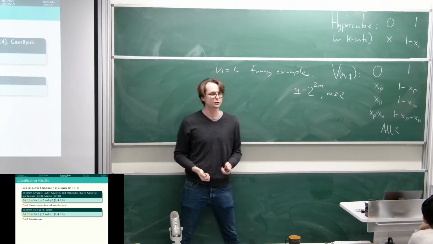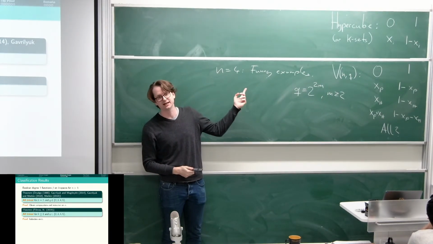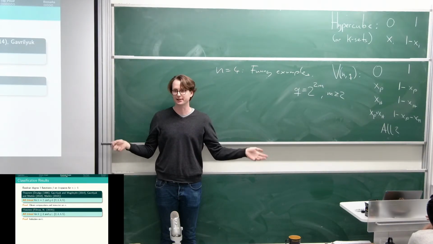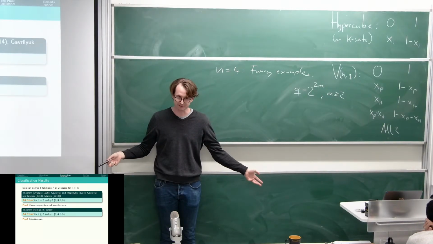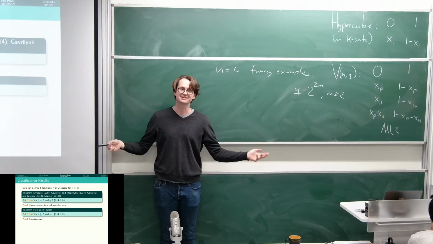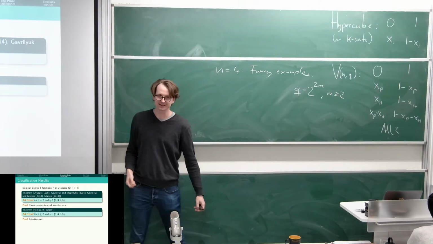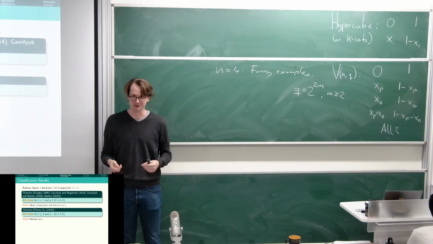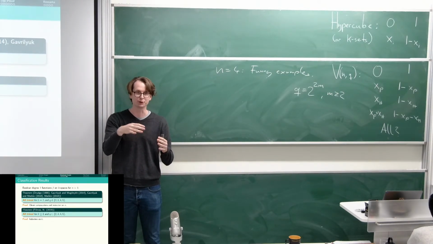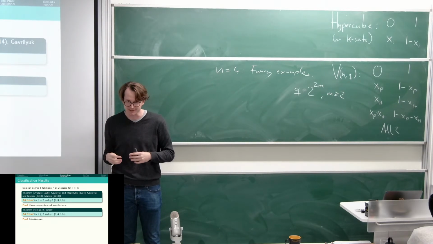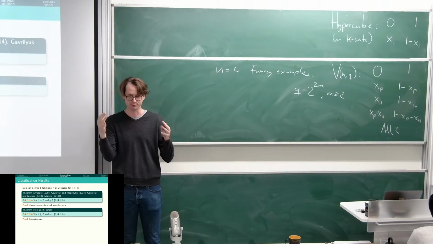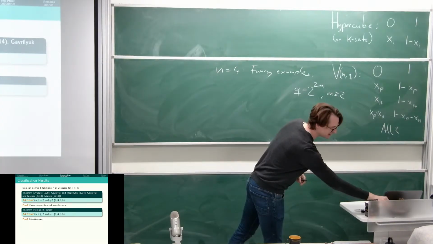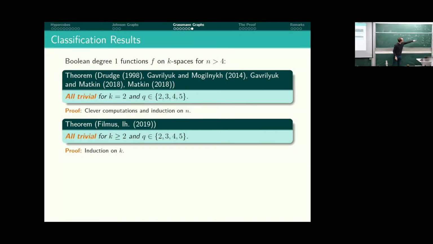And then you want to show that for n equals 5, you no longer have funny examples. So you classify by computer all your funny examples for n equals 4. And then you show that you cannot use any of your funny examples in larger dimension. Because whenever you restrict to dimension 4, you know it is in your finite list of examples, and then you try to put them together like a Sudoku puzzle, and you can show unless you have one of these examples, it does not work.